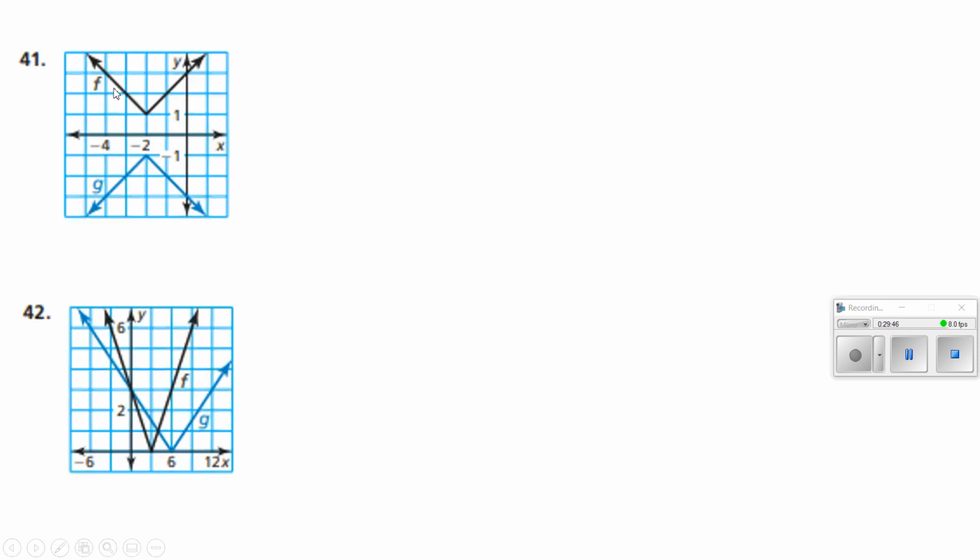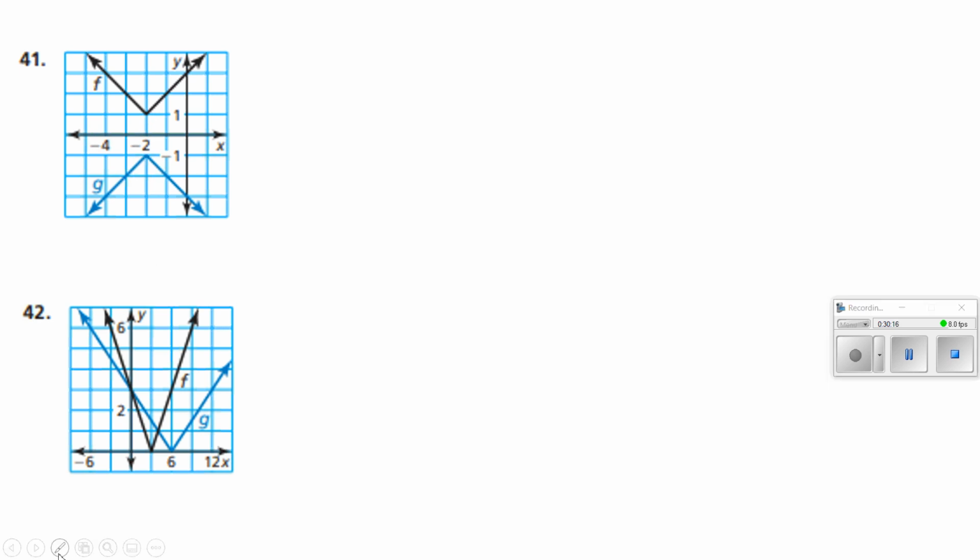Let's look at number 41 here. For 41, I see that we started here at, looks like, -2 and 1, and somehow it reflected over, didn't it? So I'm sensing a bit of reflection. So since it's reflecting across the x-axis, I would say this is a reflection of f of x over the x-axis, right?